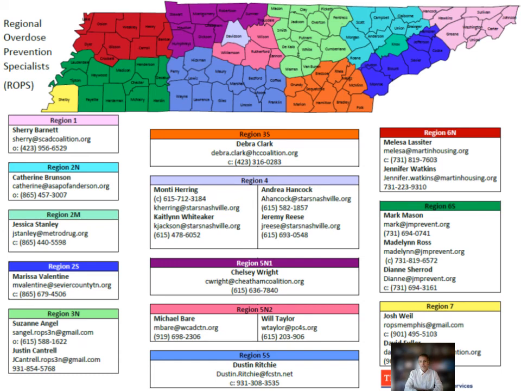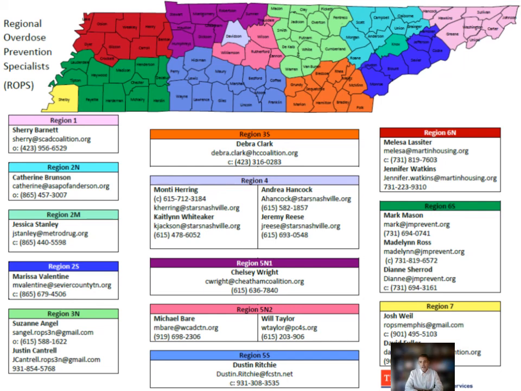The regional overdose prevention specialists provide that warm handoff into treatment. They provide just someone to listen to, and also they are a great source of information on harm reduction, including access and availability to Narcan, the life-saving opioid overdose reversal agent. So for those patients that might need that, they can link them to Narcan or naloxone at no charge.